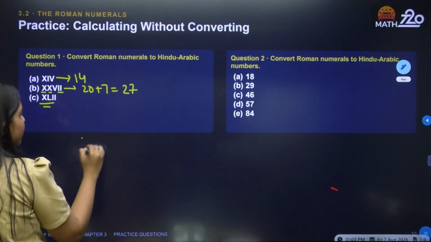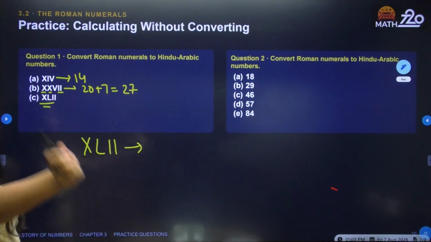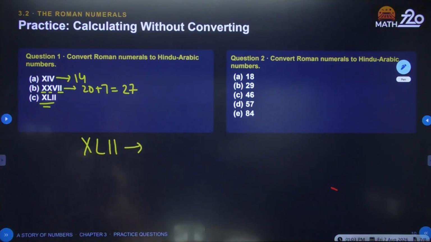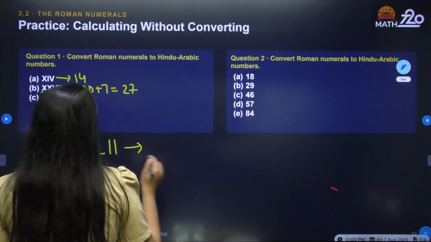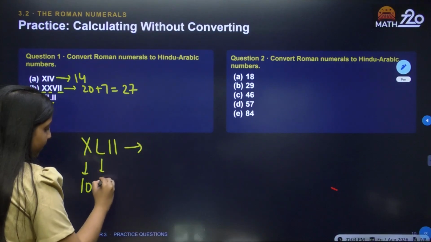Next is XLII. Try to solve this question now in the next 30 seconds. See, you will say, ma'am, X is 10, L is 50.